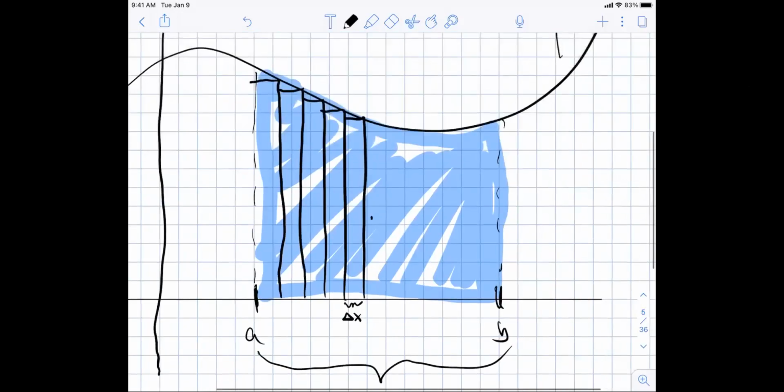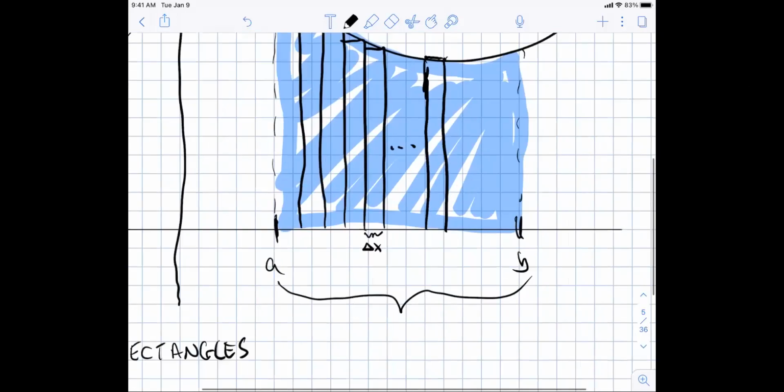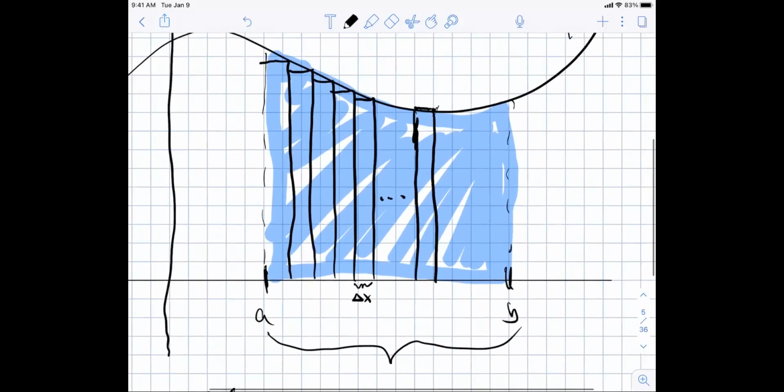All right, then I'm going to draw some dots, and I'm going to draw in a general rectangle here. So here is a general rectangle. Its height at that right edge, if I've taken k steps away from the start, is just f of x k.